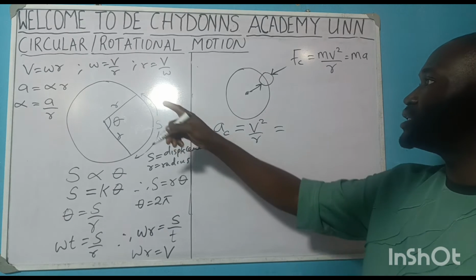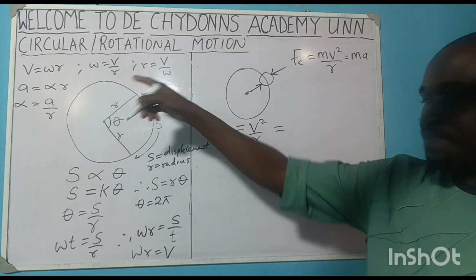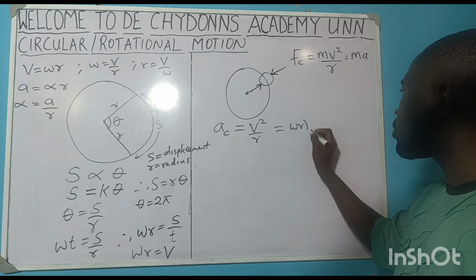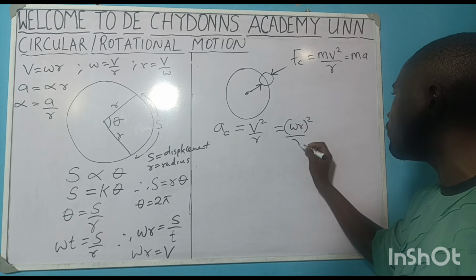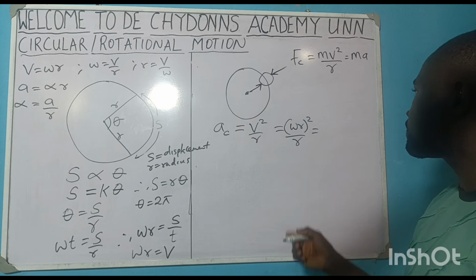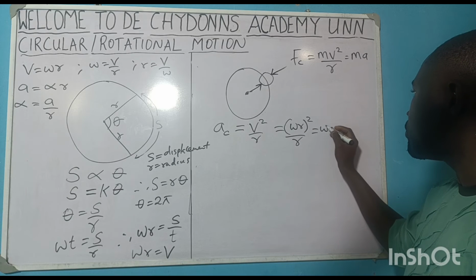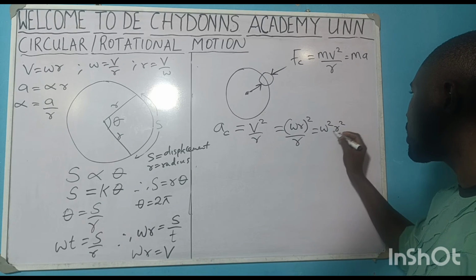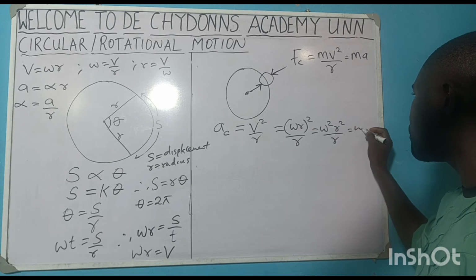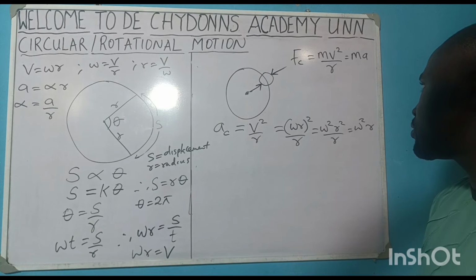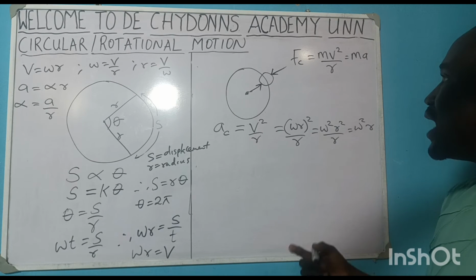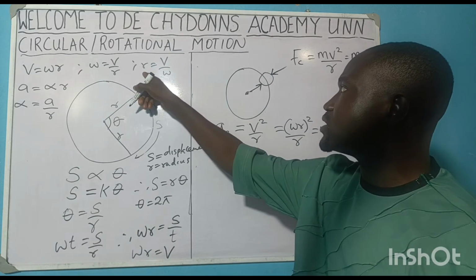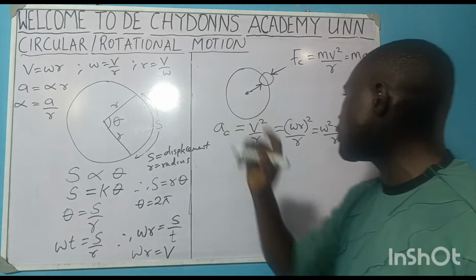And our v is equal to wr here. So you say (wr) all squared all over r, equals w squared r squared all over r, equals w squared r. Are you getting it? Then also remember that r is equal to v over w.